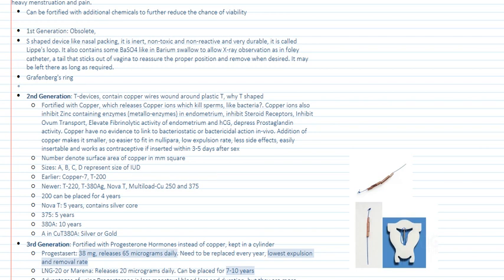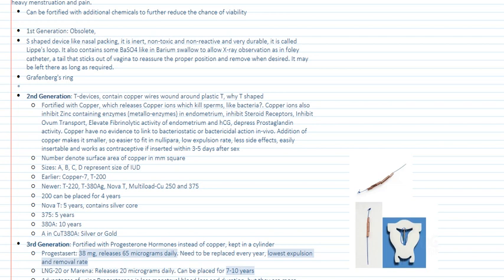Okay. Second generation are also called T devices. So they contain copper wire wound around a plastic which is shaped like a T, and so copper ions are released from the wire, which inhibit the enzymes in the endometrium.